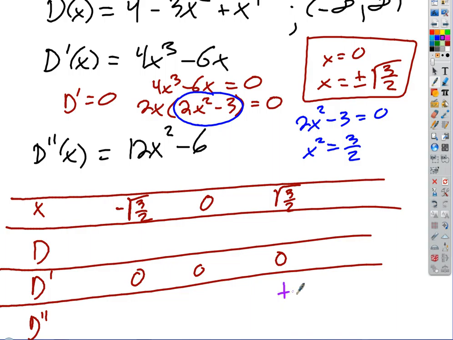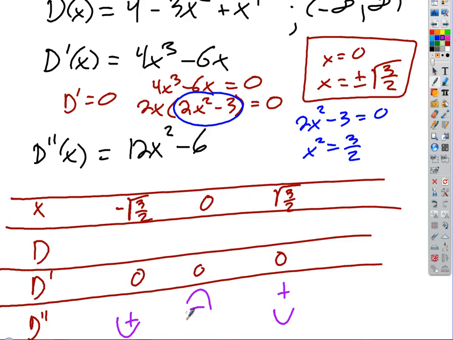Same thing if it were negative because I'm squaring it. Okay, what about at 0? It's negative. So then we know what we've got here. This is going to be a minimum, because it's happy. That's a minimum, that's a relative maximum.